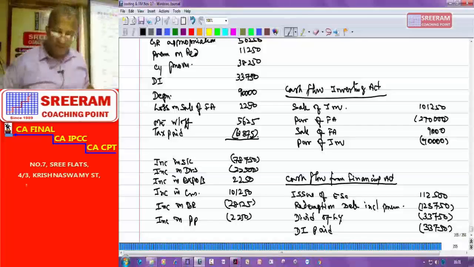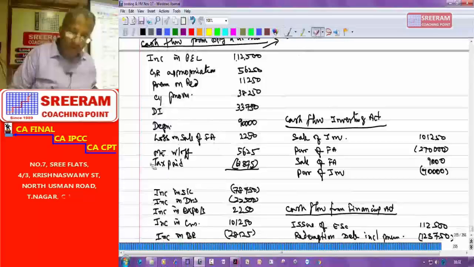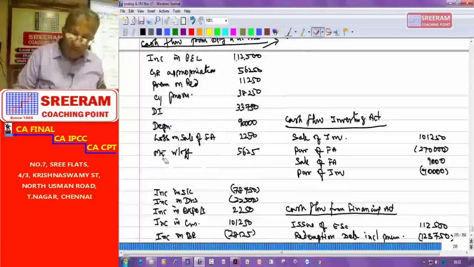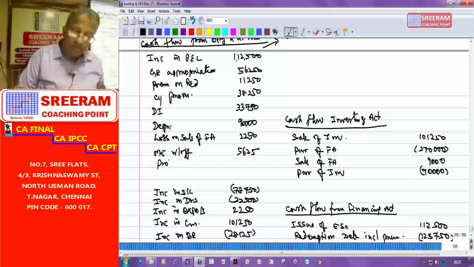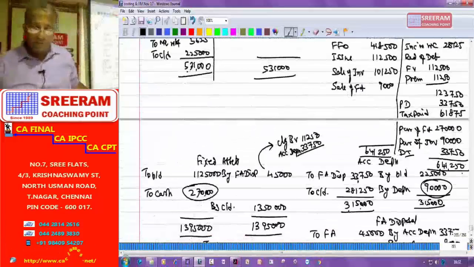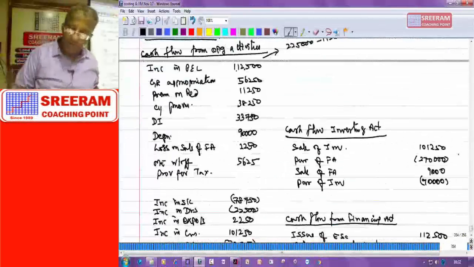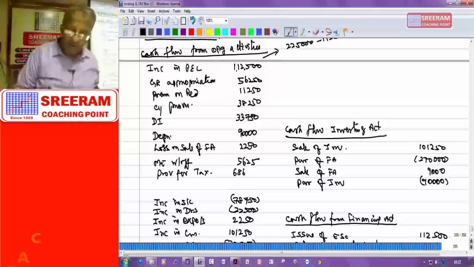Did we not add provision for taxation? So we are expected to do that also. Okay. I think we have done provision for taxation. Provision for taxation, how much is that? 68,625. Tax paid, how much? 61,875.